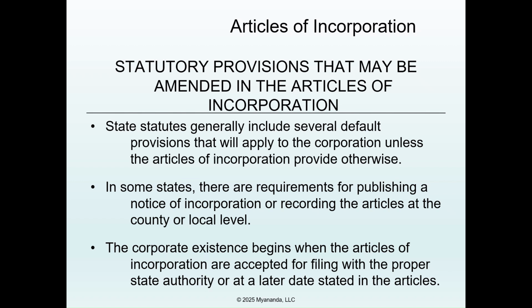There are often some default provisions in state statutes. Unless you provide otherwise in the Articles of Incorporation, some things will be assumed by default, like shareholder accumulation of voting rights. Shareholders may be able to remove one or more directors with or without cause.